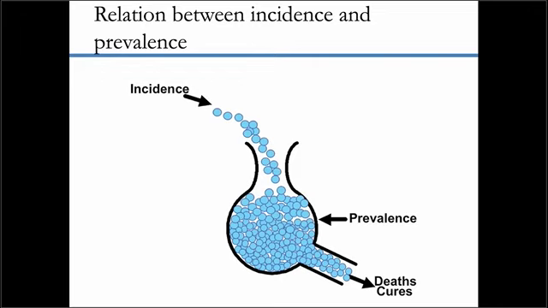However, as you have people dying from that disease, or you have people who are getting cured from that disease because there's better treatment, then that might make your prevalence decrease. And so your prevalence and incidence are related to each other in that typically as your incidence increases, your prevalence increases, but that also depends on how deadly the disease is and how long the duration of the disease is and whether or not there's good treatment to cure that disease.